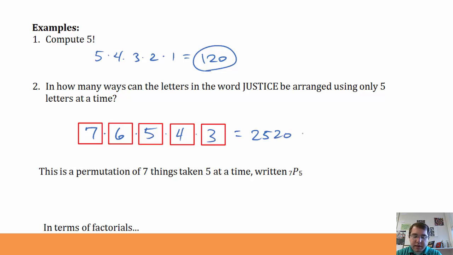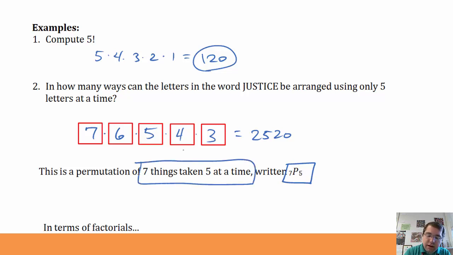This is a permutation. It's a permutation of 7 things taken 5 at a time, written with a capital P, with a subscript 7 and a subscript 5. That's 7 things taken 5 at a time. That's what that notation means.